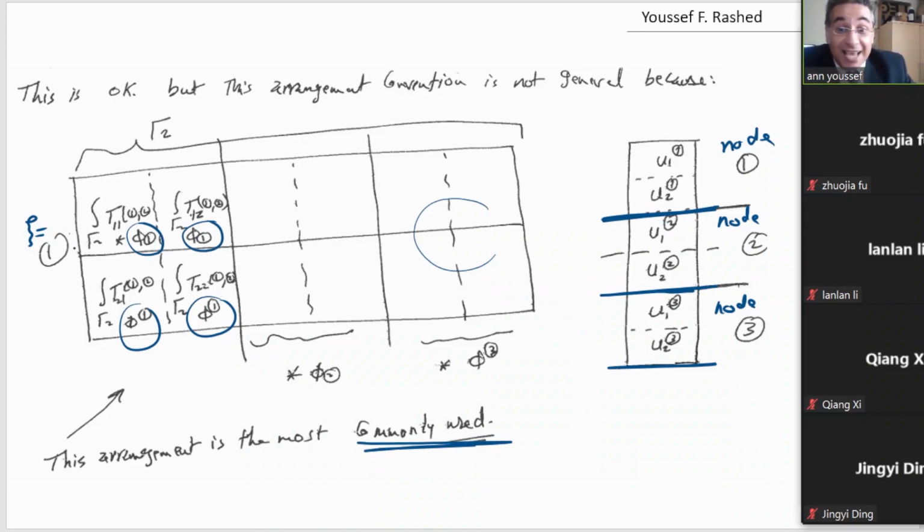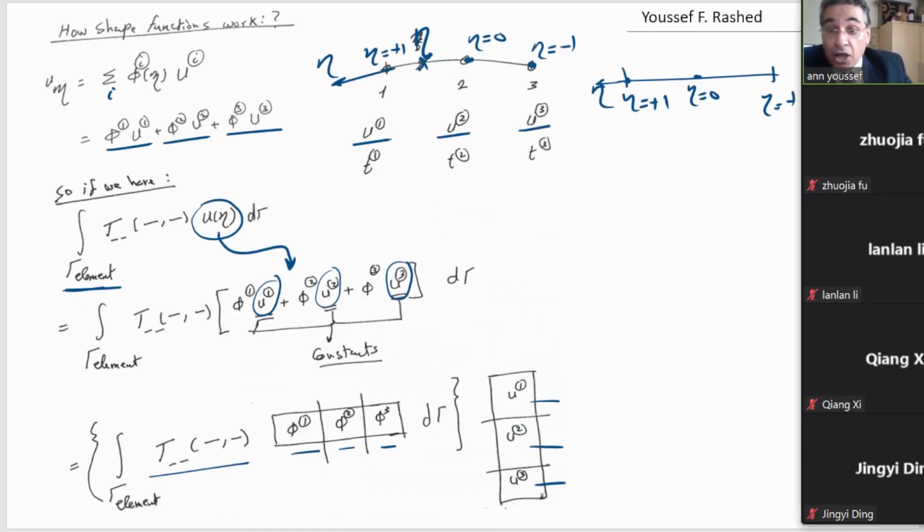Okay, so inside the integral now, the idea is very simple. When we use quadratic variation of displacement, the idea is to keep the shape function inside the integral and to get the nodal values outside the integral, because the nodal values are constants.